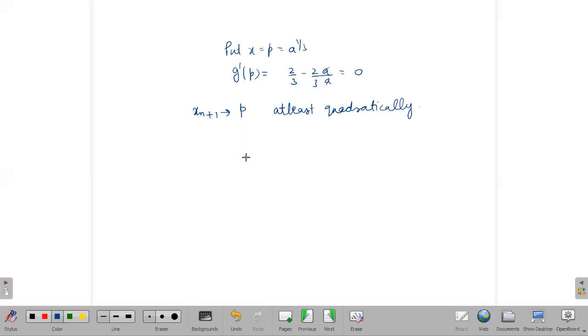Because if the first derivative is non-zero, suppose, then you will get linear convergence. But if it is equal to zero, then at least quadratic you will get, and more is also possible. If the double derivative also becomes zero, then you will get at least cubic convergence. In fixed point iteration we have done this. So now you can check the double derivative also. Then you can replace this at least with quadratic only, but you may get cubic also.